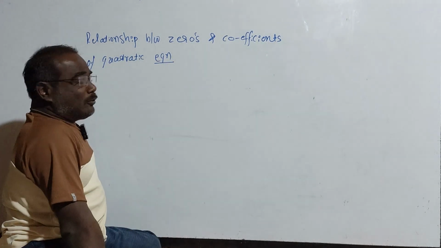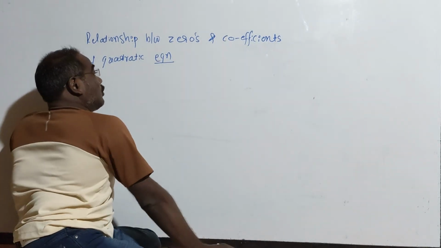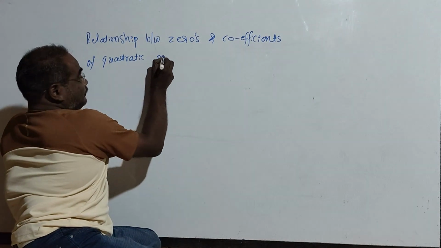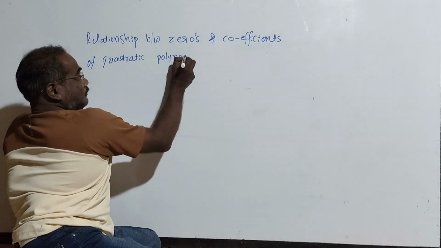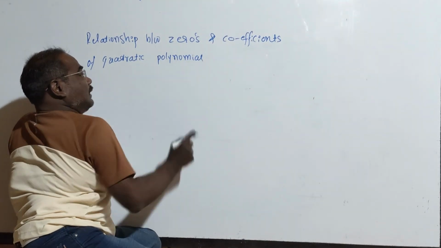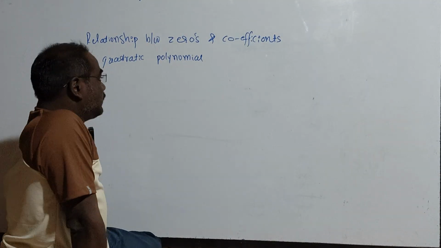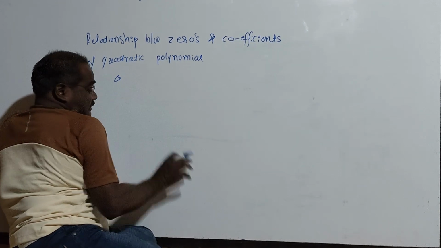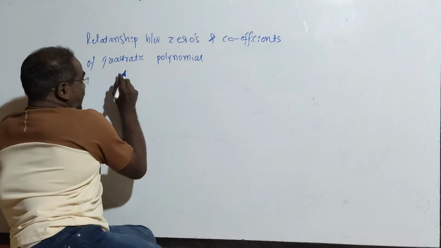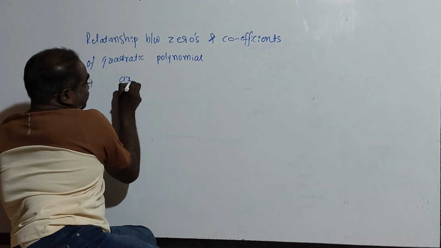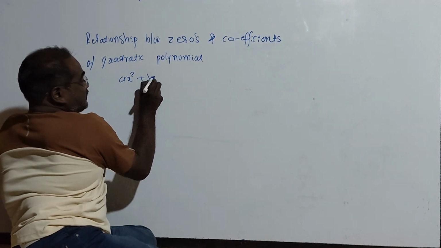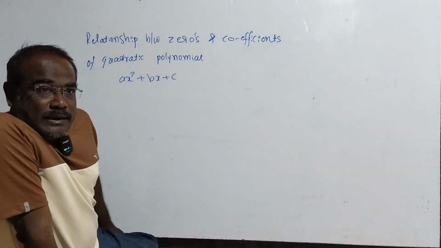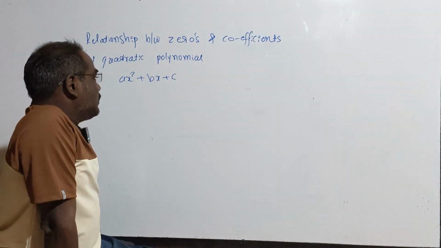See, let me take one quadratic, not quadratic equation, better quadratic polynomial. Okay, let me consider quadratic polynomial. Quadratic polynomial is ax square plus bx plus c is a quadratic polynomial.